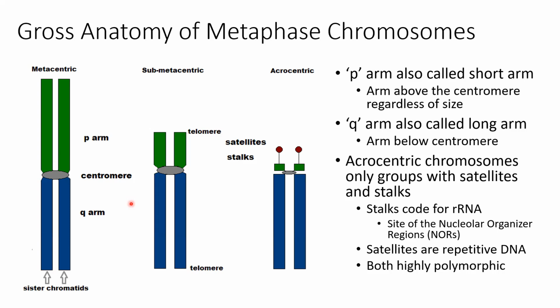Metacentric, the P and the Q arm are going to be roughly the same size, so short and long arm. Submetacentric, the centromere is closer to one end, and then there's a special group of chromosomes, the acrocentric chromosomes, in which the centromere is extremely close to one end, but the identifying part about the acrocentric chromosomes is they have stalks and satellites.